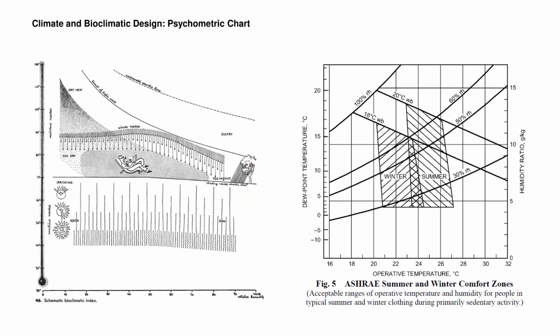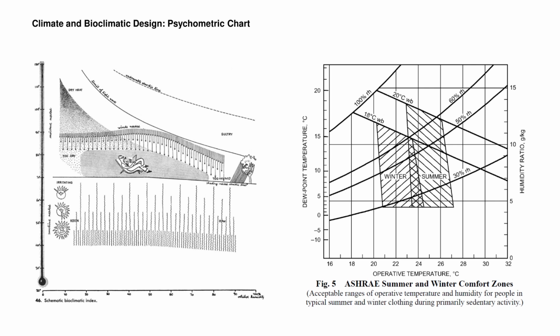This slide shows the psychrometric chart, an essential tool for analyzing air conditions and strategizing passive comfort solutions. The graph on the left is an earlier, simpler version, accounting for temperature on the vertical axis and percent relative humidity, %RH, on the horizontal axis.